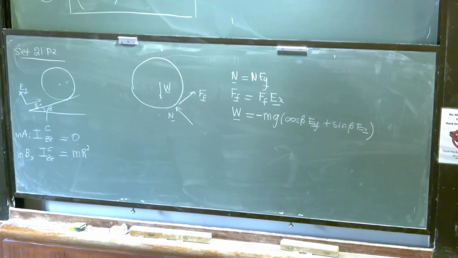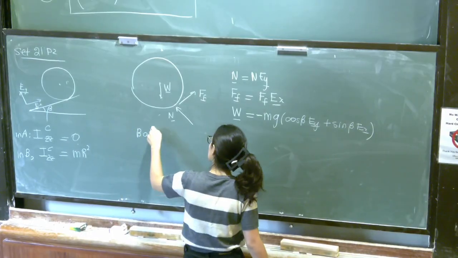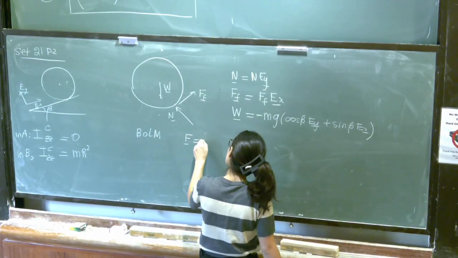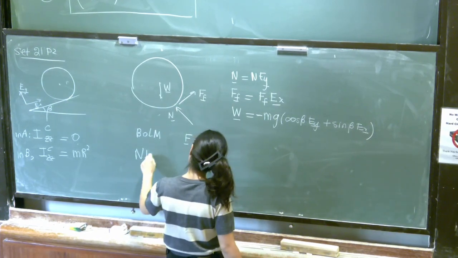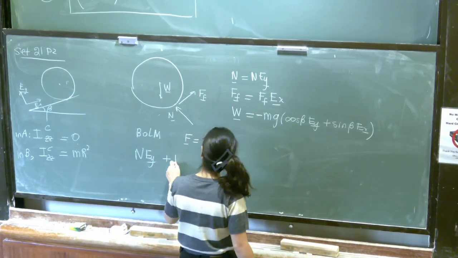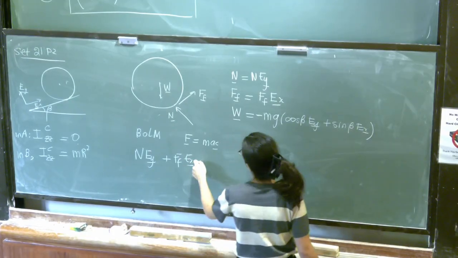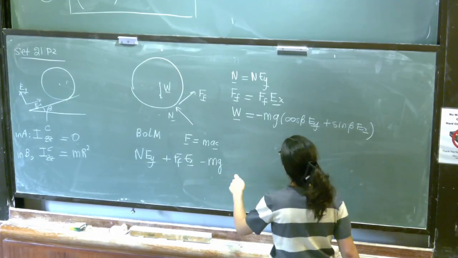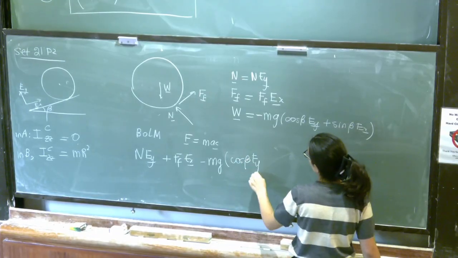But I want to find alpha, so the balance of linear momentum, F is equal to m a_C. This will give us N EY plus F_f EX. What kind of friction force do I have here? Is it static or kinetic? Why? Why is it static?